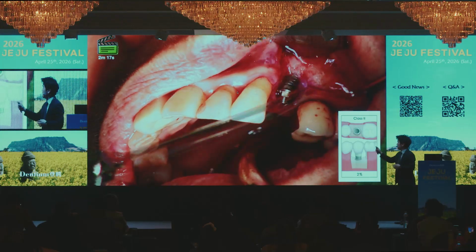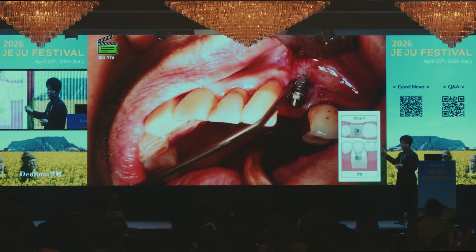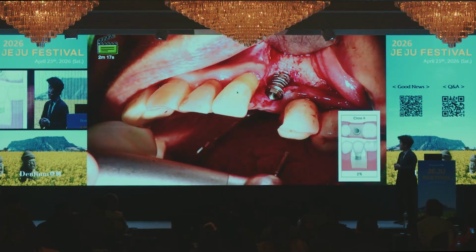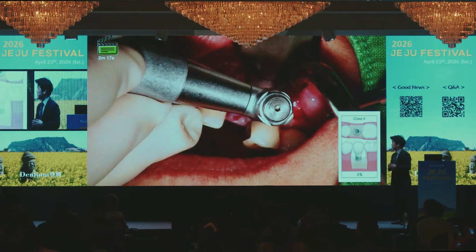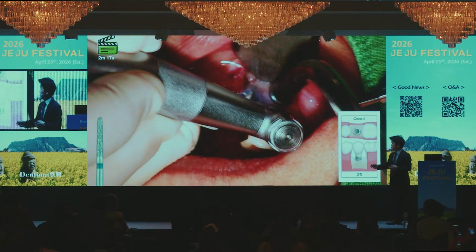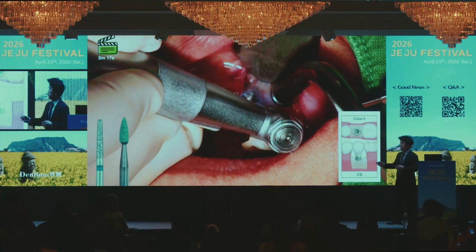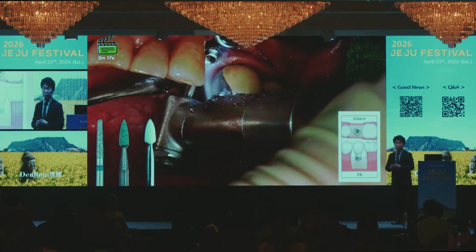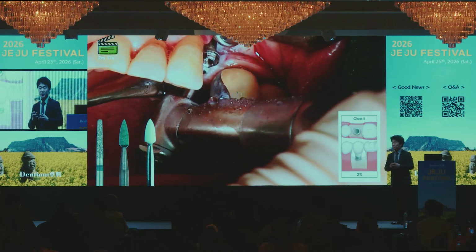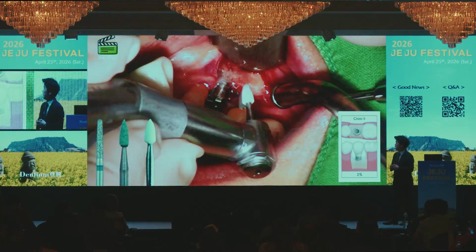As you can see, this type is a class 2, horizontal defect, so we cannot do a bone graft. Many types of bar can be used, such as a finer Arkansas bar for refining the implant surface.